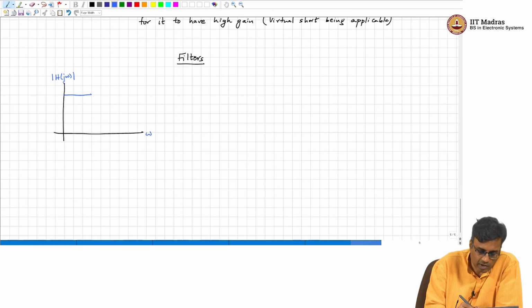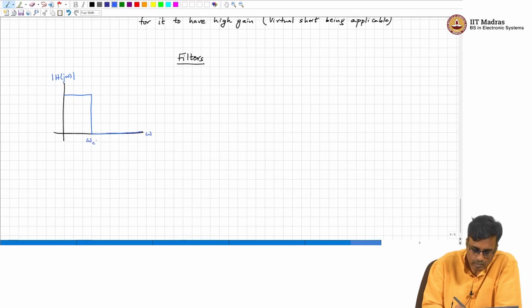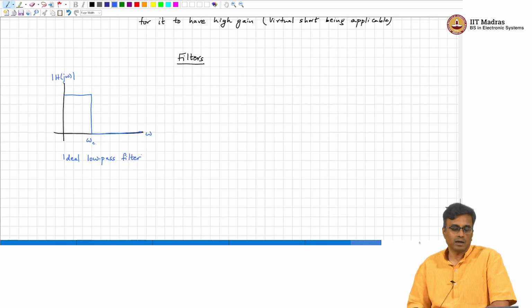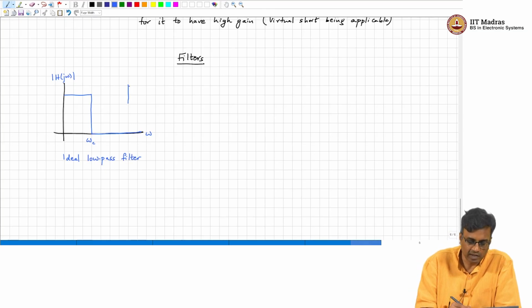So, this for example is the characteristic of an ideal low pass filter, and many times in block diagrams you will see this drawn like this.